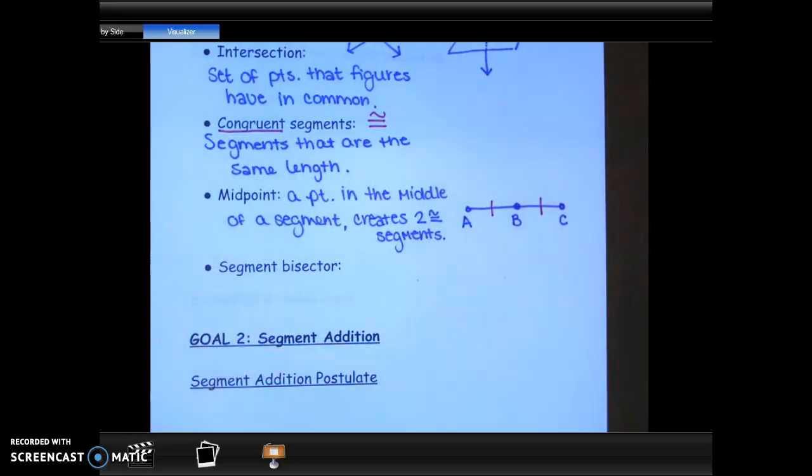All right. Now, segment bisector. This one's kind of the long definition. So you'll probably have to pause after I write this one down. Okay?